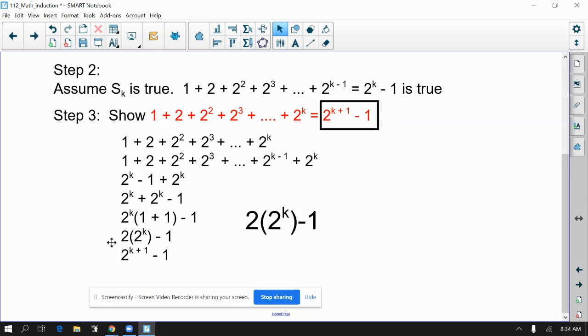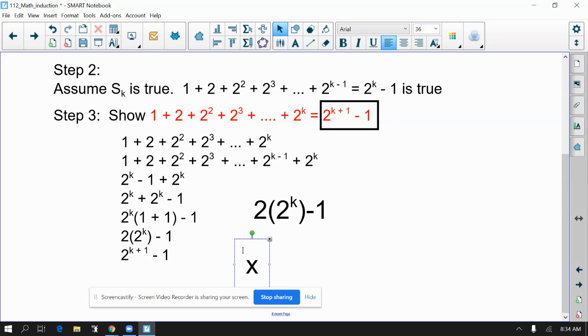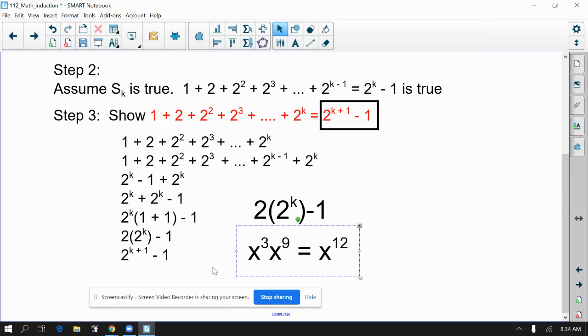Now, how do you get from here to here? This is just multiplying two things that have the same base, so you add the exponents. I'm pretty confident no one would have a problem with saying that this is x to the 12th. But in my experience, students just fall off the planet when they're faced with, instead of an x, a number 2.